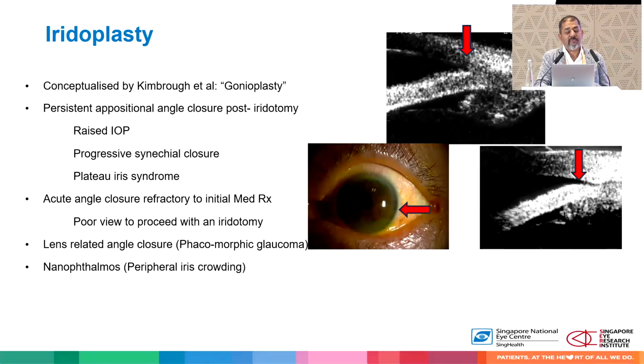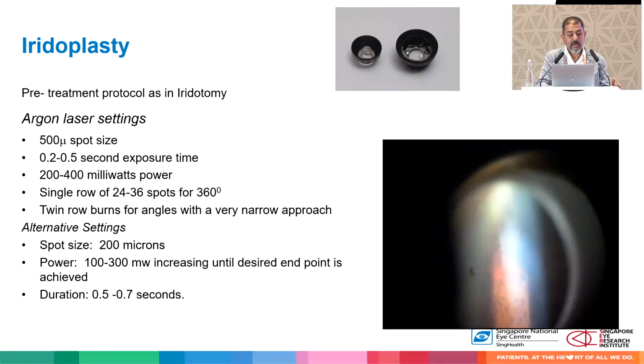Iridoplasty is typically indicated when there is persistent appositional angle closure following an iridotomy, and there is raised IOP, or progressive synechial closure, or a situation we label as plateau iris syndrome. Further applications are in acute primary angle closure glaucoma and lens-related angle closure glaucoma.